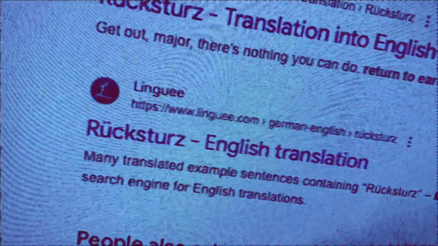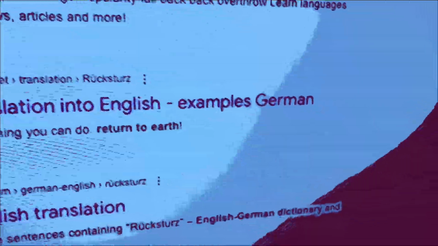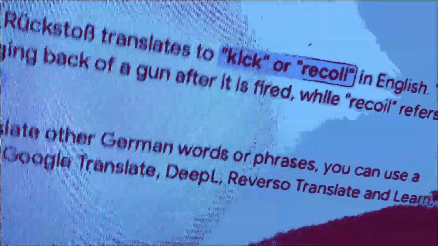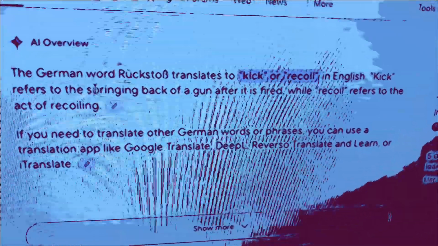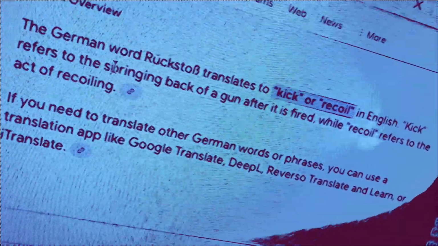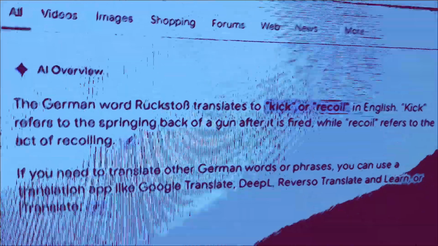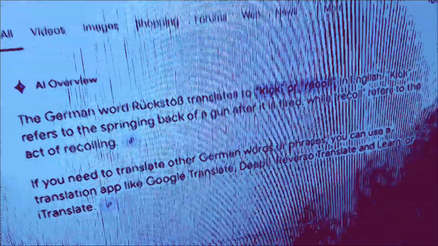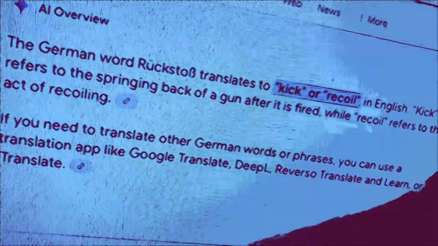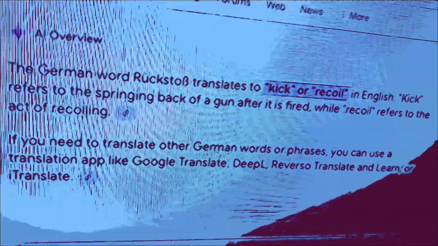And apparently a slightly different morphological construction of something very similar can mean kick or recoil, as in the way that a fired gun has a recoil action, and the force of the explosive and the bullet leaving the gun causes the opposite reaction. For every action, there's an equal and opposite reaction, causes the gun to move backwards towards the individual firing the gun, right?